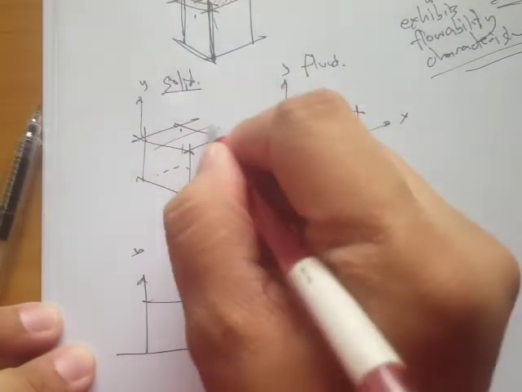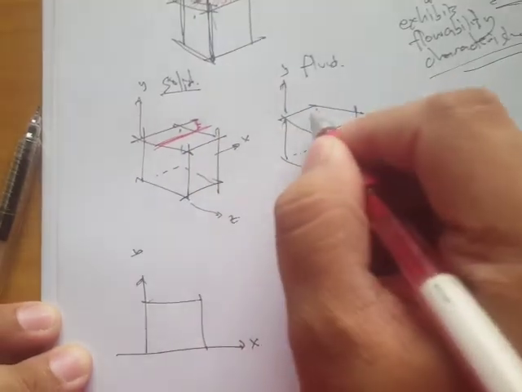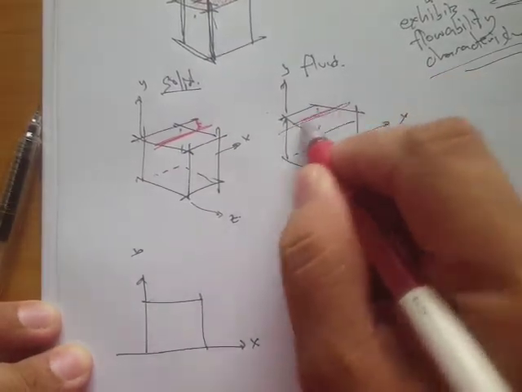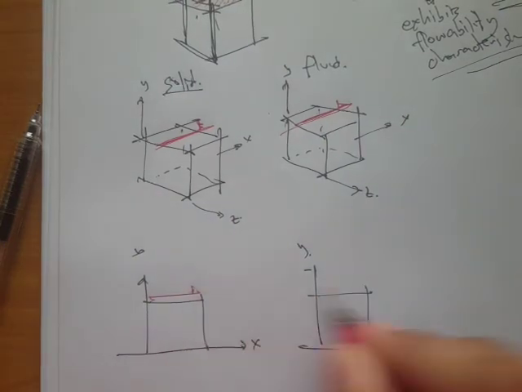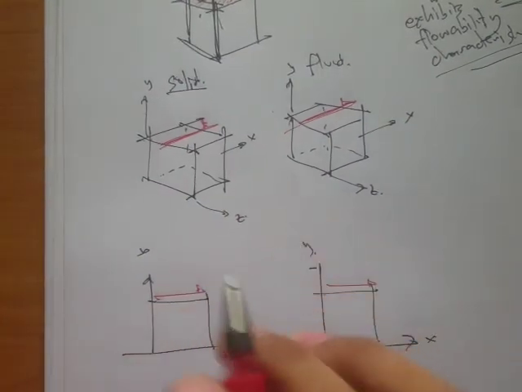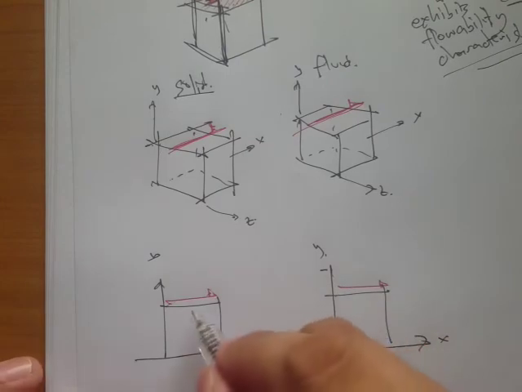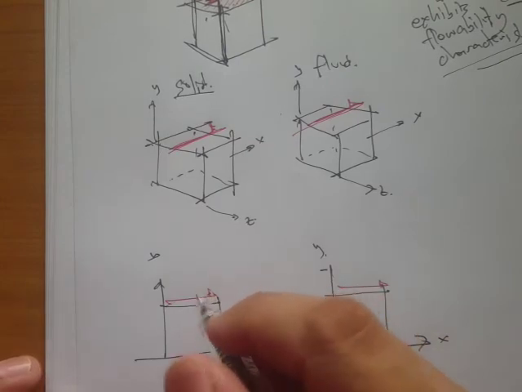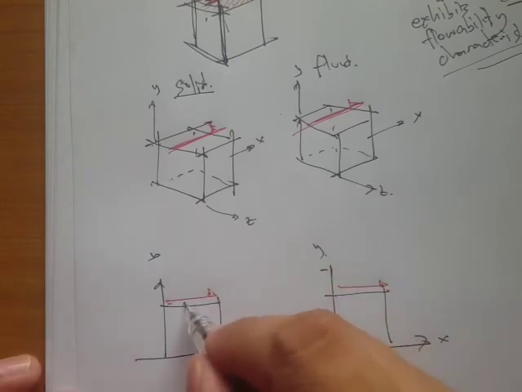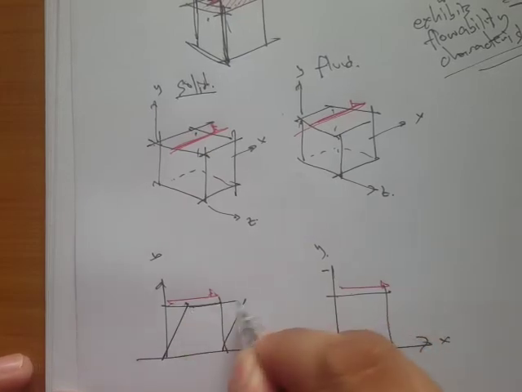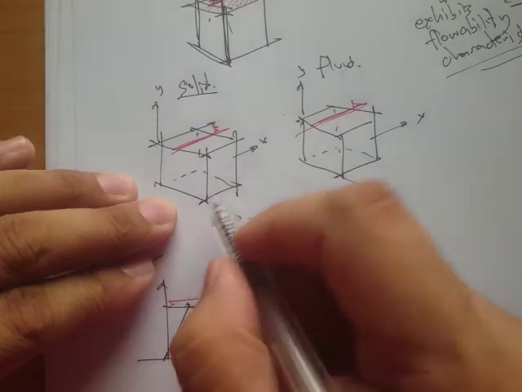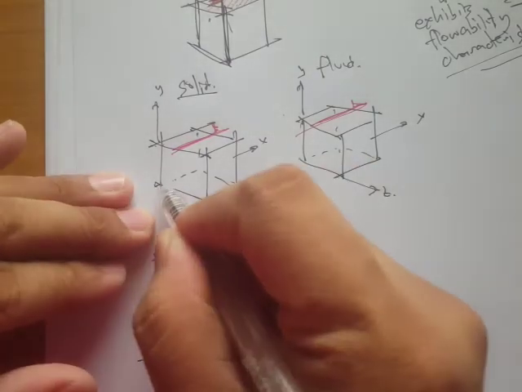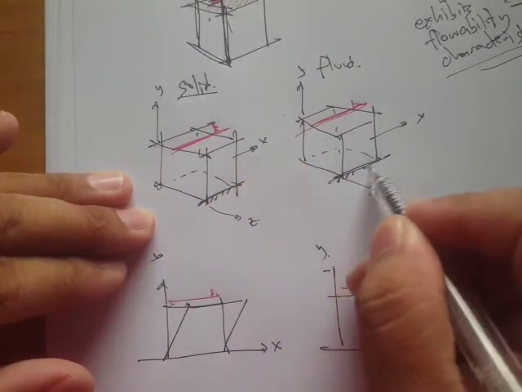And if we apply a force, let's apply a force on both of these infinitesimal elements. Right. Okay, so when you apply a force in a solid, what you get is a deformation, right? Let's say we have a fixed bottom. This has a fixed bottom, and then this one too has a fixed bottom.